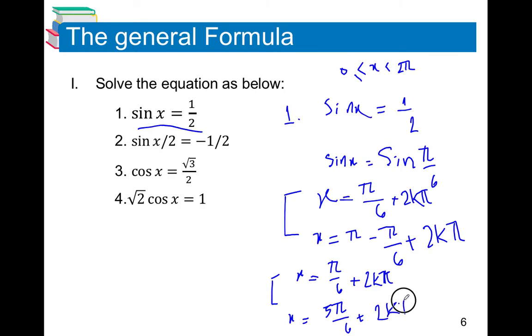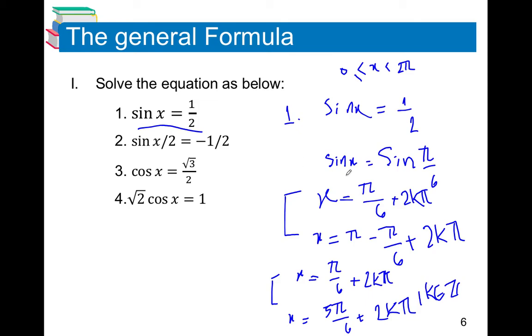But we need to notice that k belongs to the integers Z, you can take k from 0, 1, 2 or 3 and so on. So now for number 1 we have two answers: x equals pi over 6 plus 2k pi, and one more answer, x equals 5 pi over 6 plus 2k pi, okay?